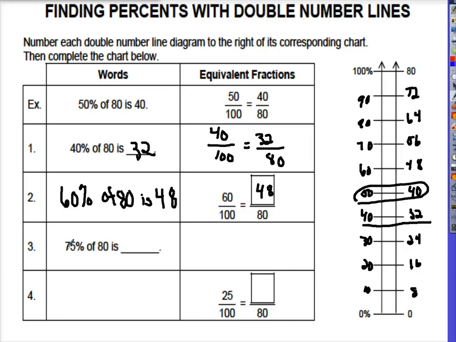So what would 75% be? Well, I don't have a 75% here. I've got a 70, I've got an 80. What would 75% be? Well, if this is 70 and this is 80, this is 56 and this is 64, what would I have there? What do you think that would be?